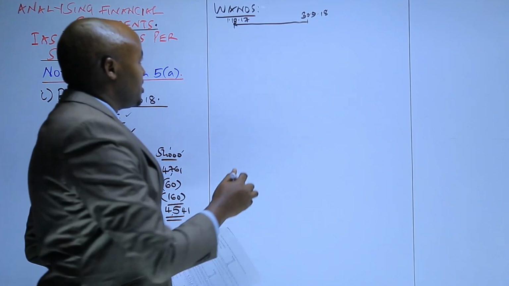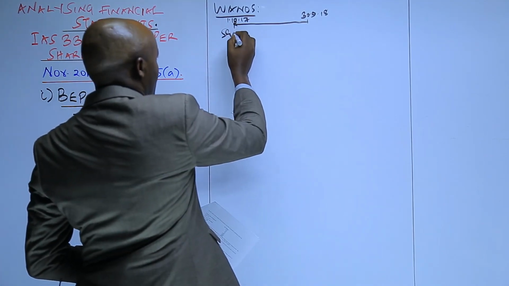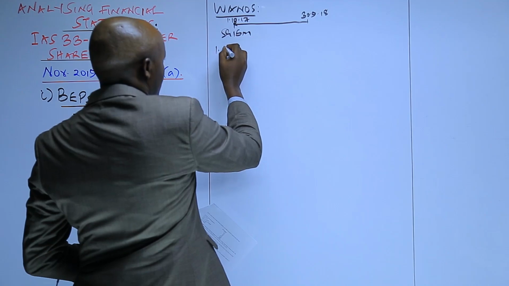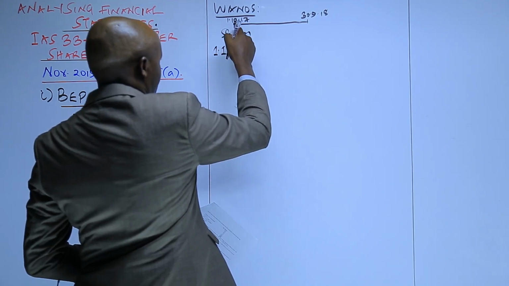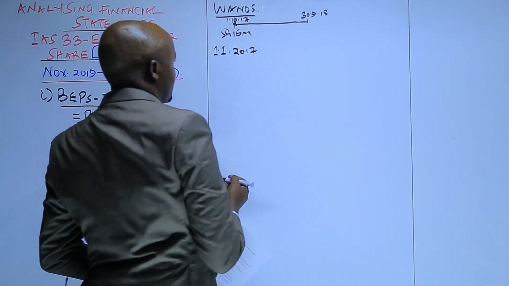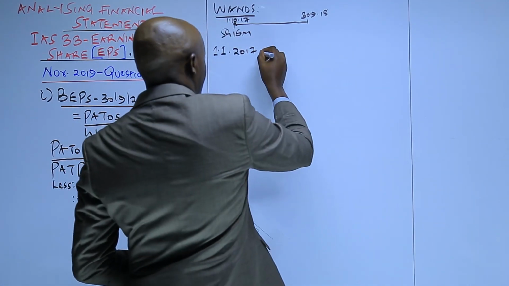So basically what you're given here is the share capital of the company, which was 15 million. So therefore, to compute the weighted average, we take the shares issued and fully paid at the start of the year, which started on 1st of October 2017.